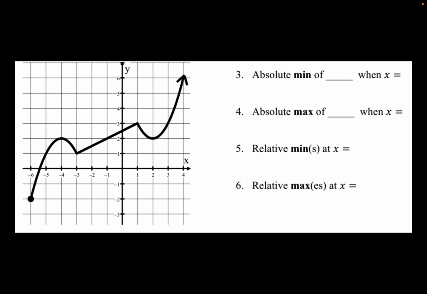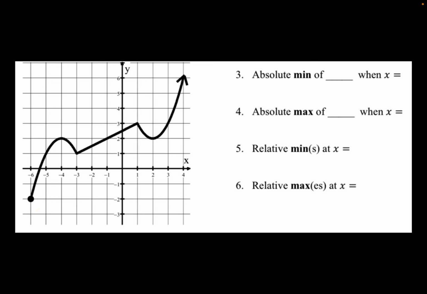That is what a relative extrema is. Now, absolute extrema is also known as global extrema, but they most likely speak of it as absolute extrema. So the absolute extrema is the lowest or the highest point of the graph.